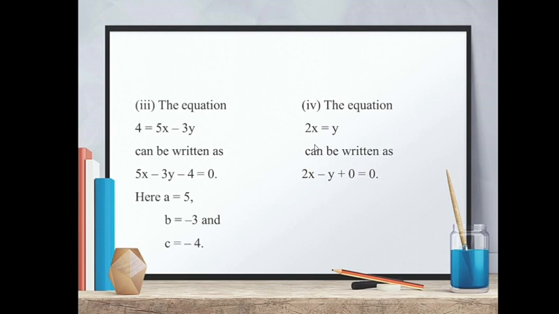So here 2x we will write as it is, we will transfer y to the left hand side, so plus y will become minus y, then plus 0, that equals 0. If we have transferred y to the left hand side, then what is left here? 0. So here a equals 2, b equals minus 1 and c equals 0, as we have taken c as 0.